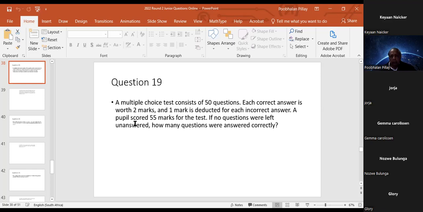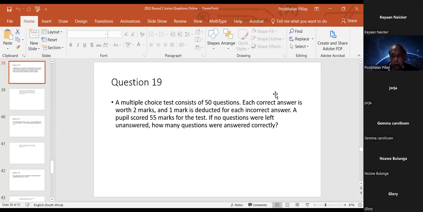A pupil scores 55 marks for the test, and no question was left unanswered. So this guy answered every question. He wasn't scared that some of them may be wrong and he's going to lose a mark, but he realizes that if he hits the right choice, he'll get 2 marks. And if he hits the wrong one, he'll lose 1 mark. So it might be better to take a guess and go for it.